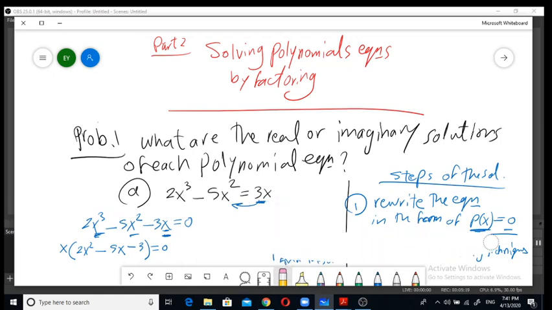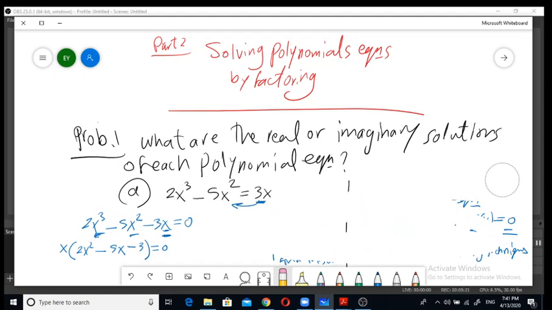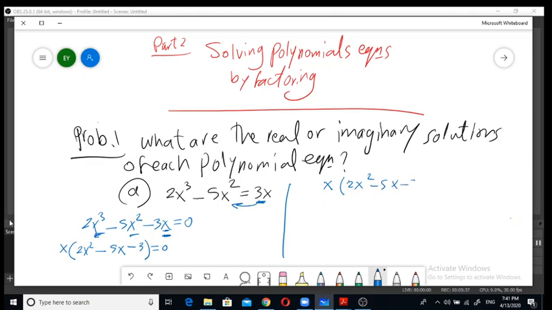Then we have x times 2x squared minus 5x minus 3 is equal to 0.